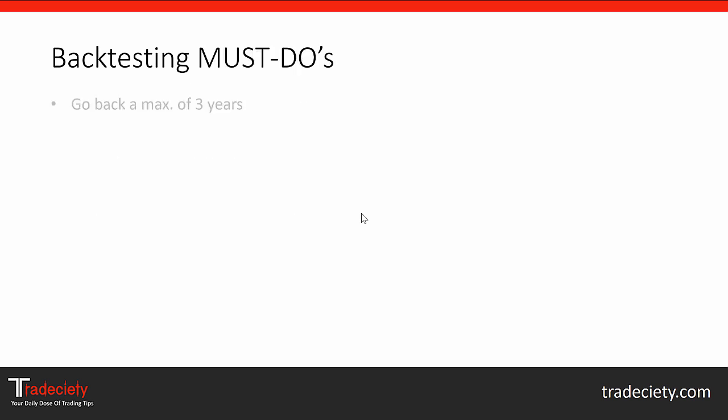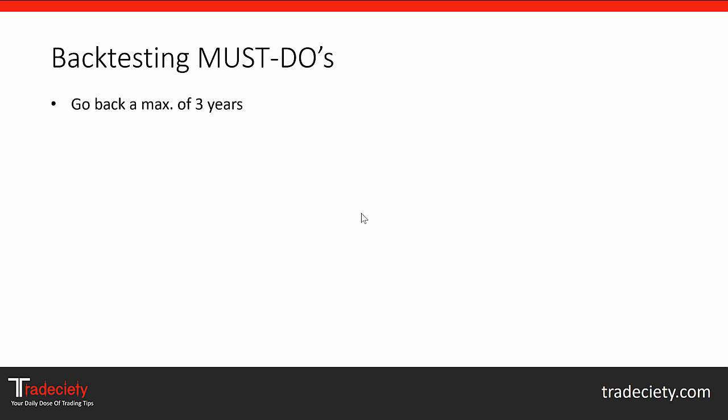Okay, backtesting must-dos. I would advise you to go back a maximum of 3 years, because, as I said, markets are changing, past results are never a guarantee for future results, and going back too far simply disconnects you from the market. I think for day trading strategies, even 1 year is enough, absolutely.